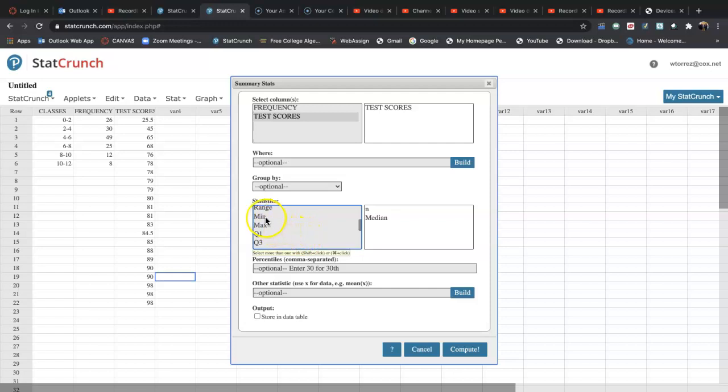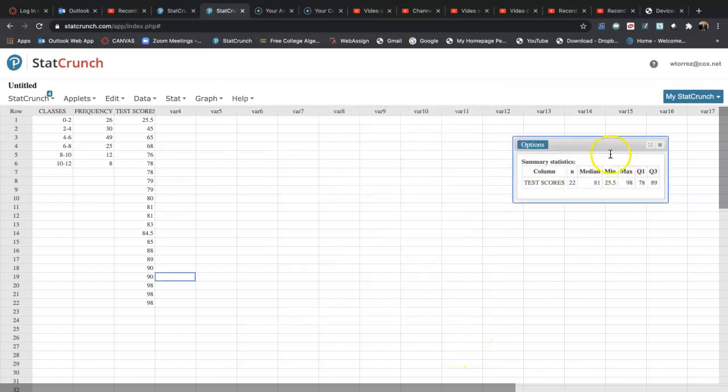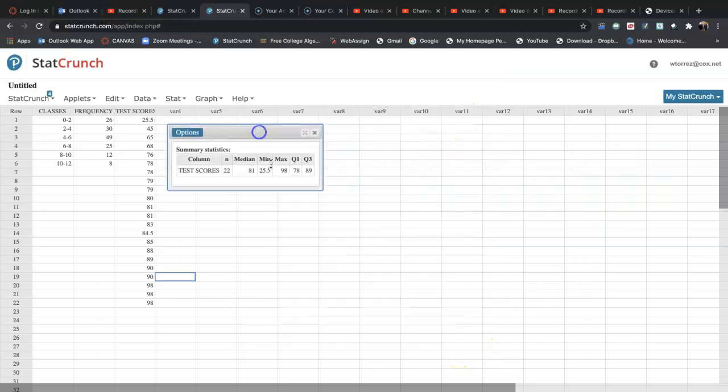We need these four now, the min, the max, and Q1 and Q3. So notice that on the right side you have the 5-number summary along with the sample size here. Okay. And now if we compute, we get our summary stats for the 5-number summary here.